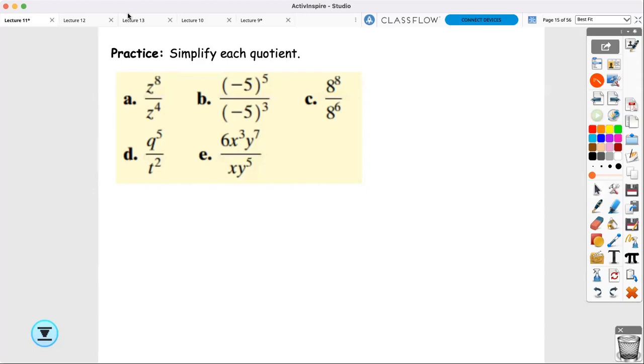All right, guys, let's go ahead and get started. Let's share what you got for A in the chat, please. Using that quotient rule, what do we do?